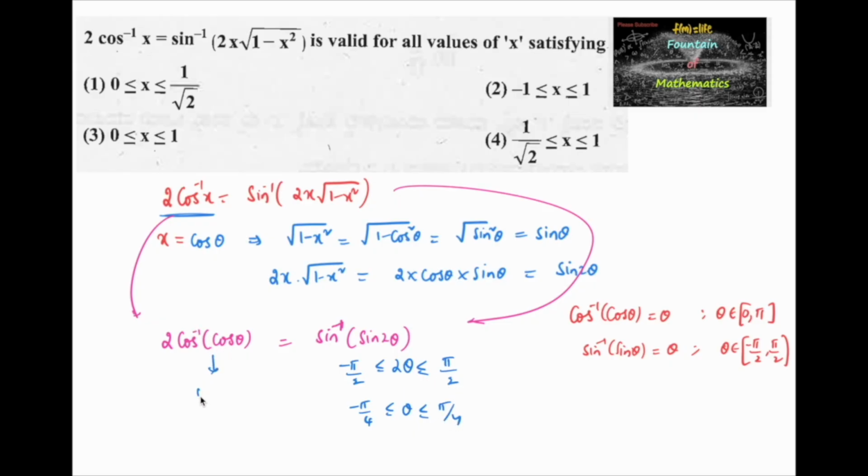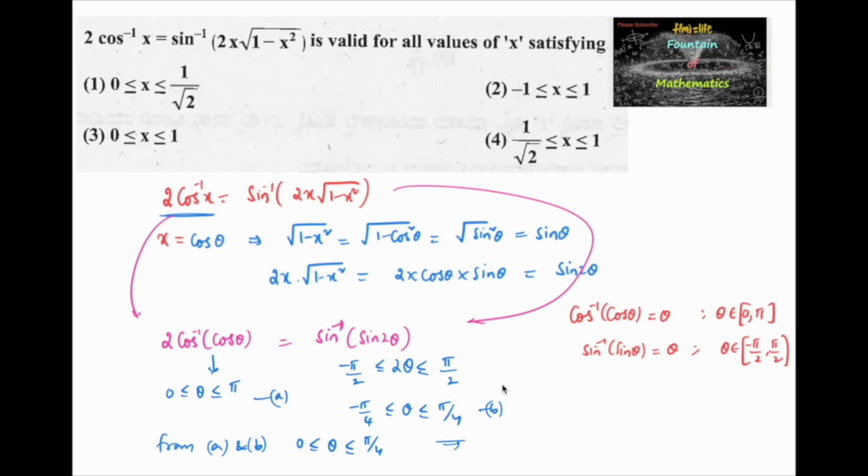And in this case, on the left side, theta must lie between 0 and pi. So from both, to satisfy this equation, we can say from A and B, theta must lie between 0 and pi by 4.